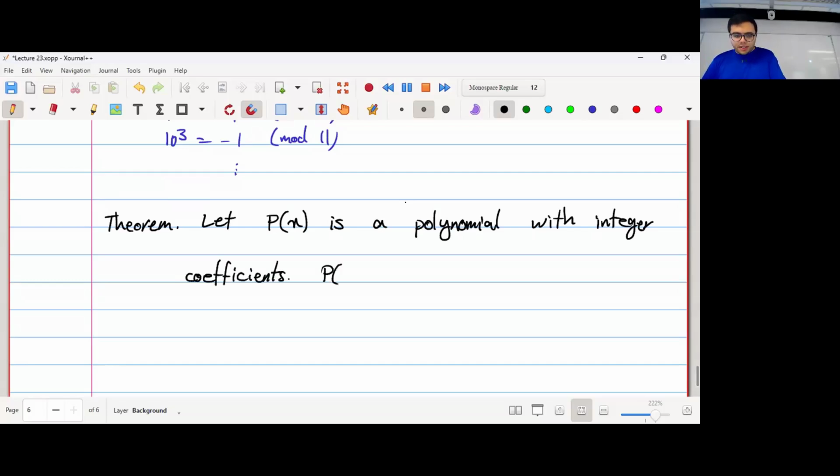Right, so let's say P of x is something like C0 plus C1 x plus C2 x squared, and so on to Ck x to the k.